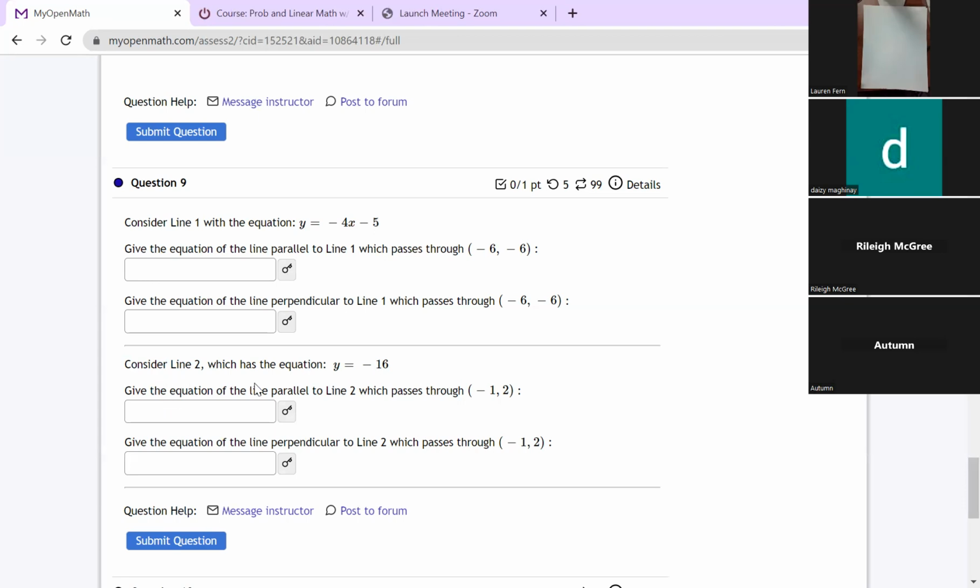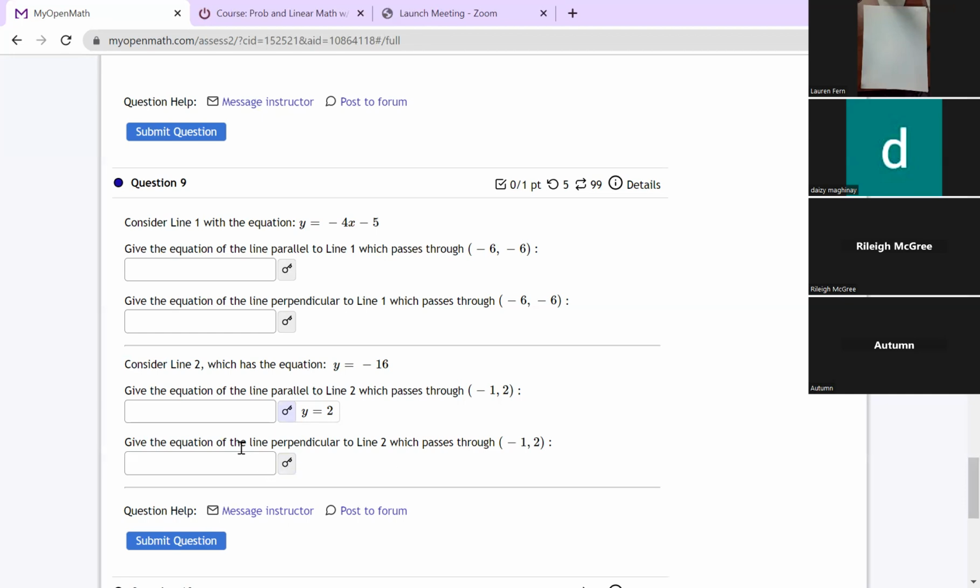So if we want to find the equation of a line parallel to it, won't a line that's parallel to a horizontal line also be horizontal? And we just went through the equation of any horizontal line is y equals whatever the y value is. Does that make sense?